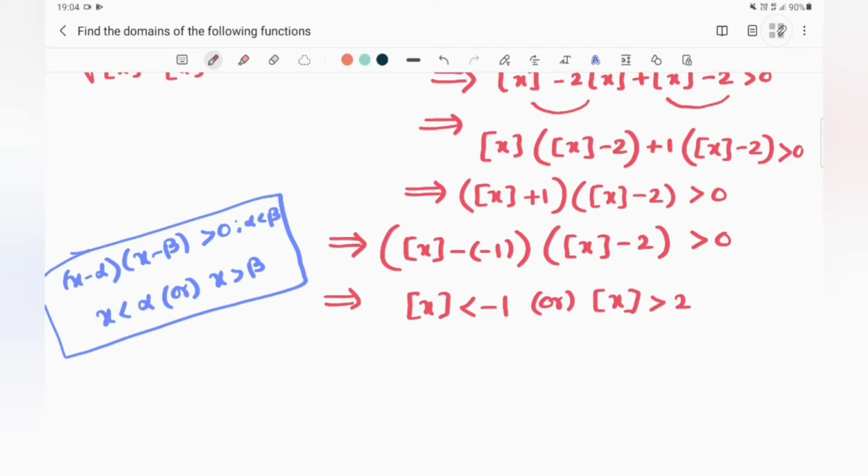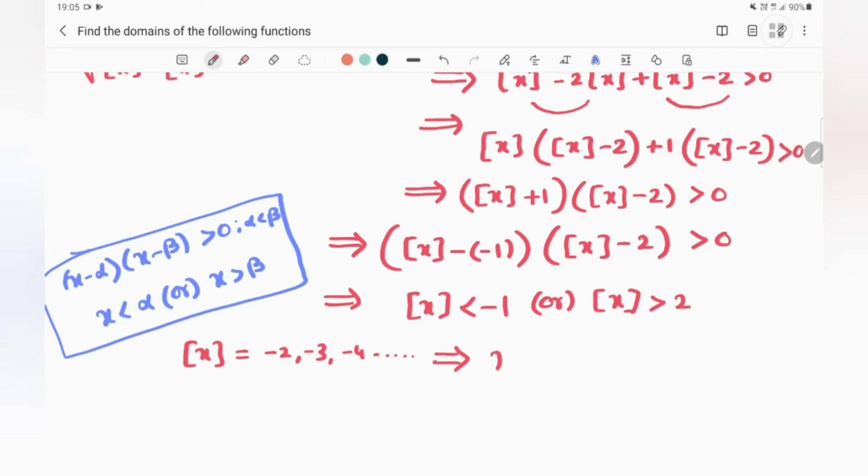So, we need to verify. The meaning of [x] is less than minus 1 is that [x] will take the values minus 2, minus 3, minus 4 and so on. [x] less than minus 1 means minus 2, minus 3 and so on. So, floor of minus 2 will be minus 2, of minus 3 is minus 3, of minus 4 is minus 4.